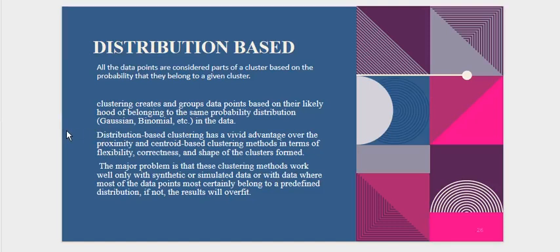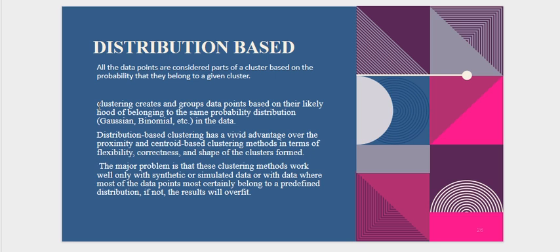A distribution-based algorithm is an algorithm where every data point is considered to be a part of a cluster, and how likely they are meant to go with the cluster center. So every data point undergoes a predefined set of statistical distribution.